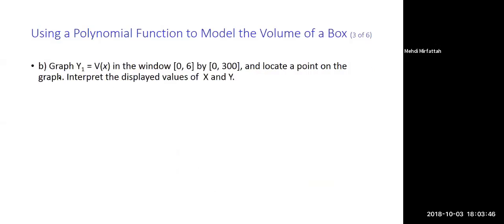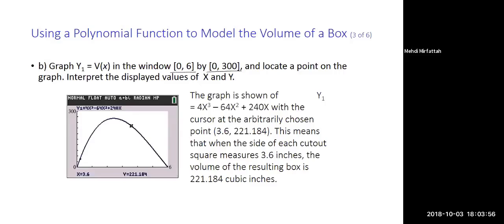So we can graph y1. If we want to show these windows on your calculator so you can see the whole thing, the graph is shown. So y1 is equal to this formula that we found.